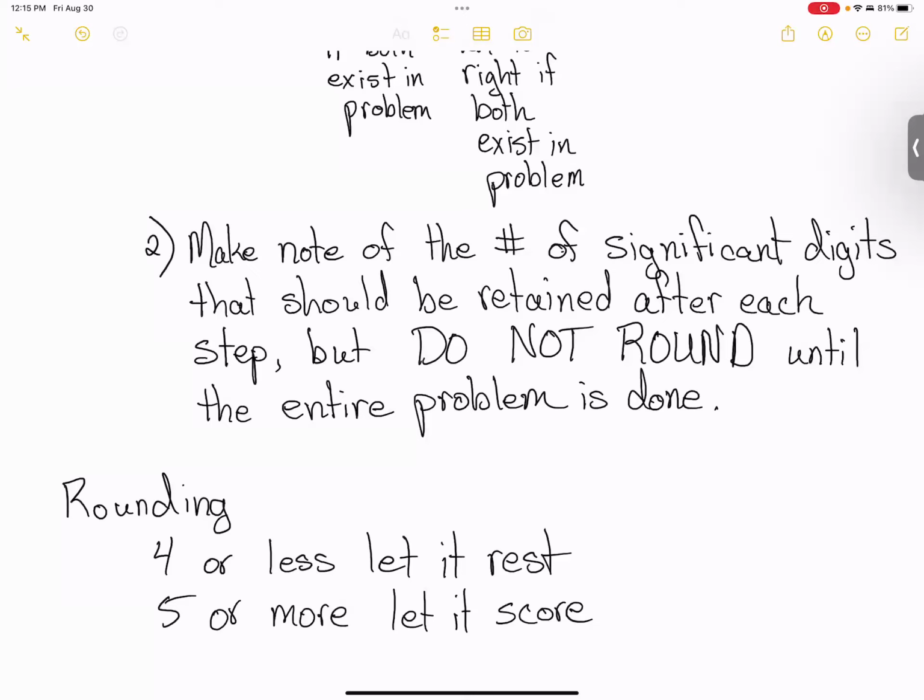Okay, now it's time for me to illustrate and do a few problems.